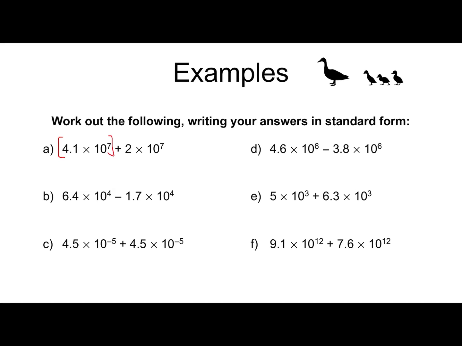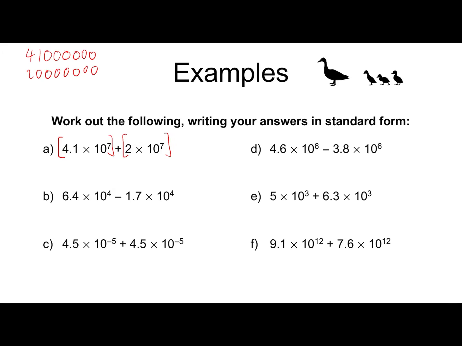So here is a number in standard form and I'm being asked to add it to another number in standard form. First of all, to demonstrate how this works, I'm going to write these numbers out as ordinary whole numbers. So this is going to be 41 million, 1, 2, 3, and this is going to be 20 million.